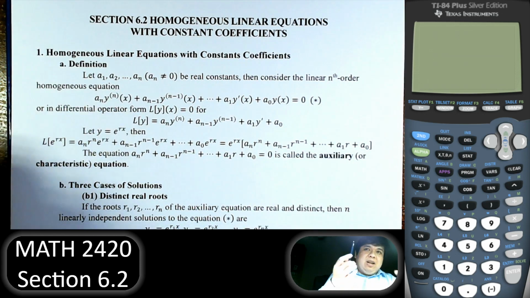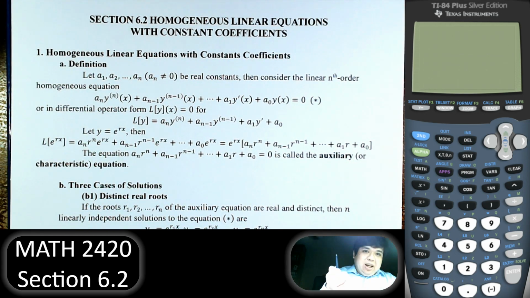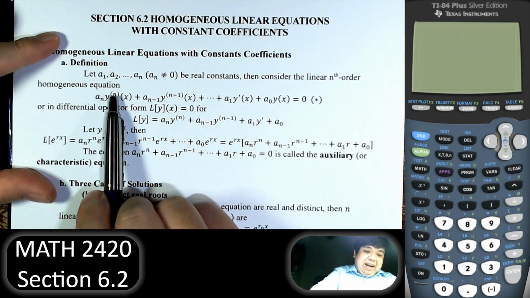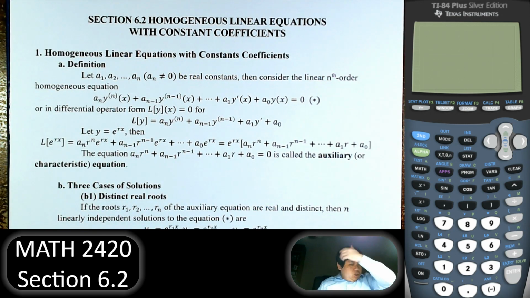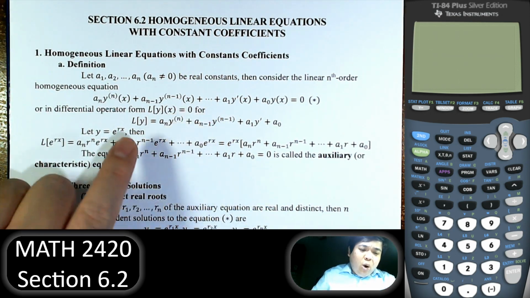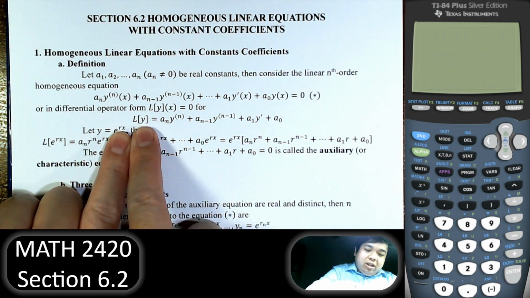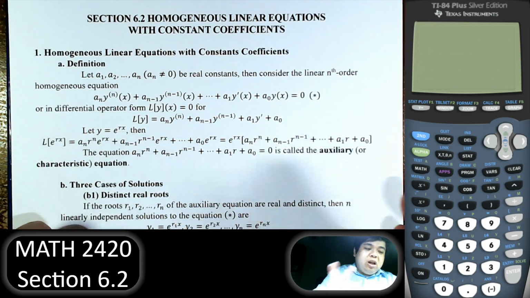So this is just like the linear equation that we have in chapter 4, except in chapter 4 we only have equations of order 2. Here we have order n. Whether we write it like that, or as a linear operator equal to 0, it doesn't matter.